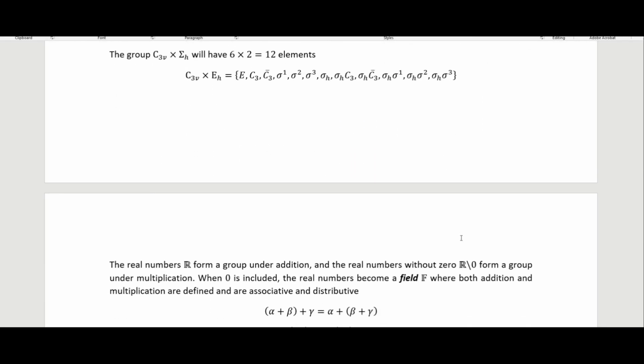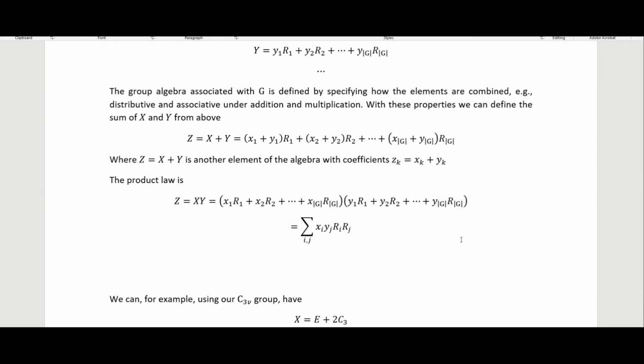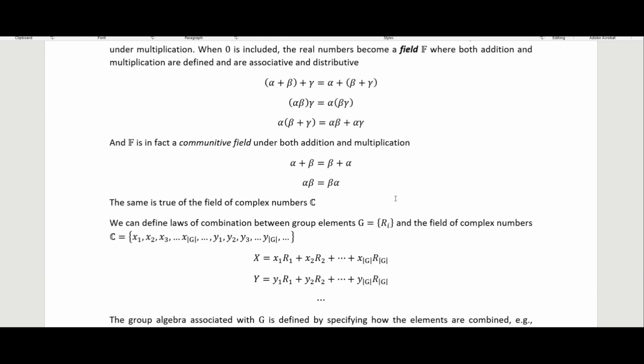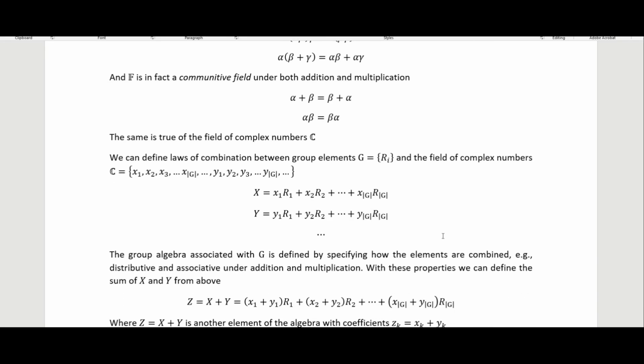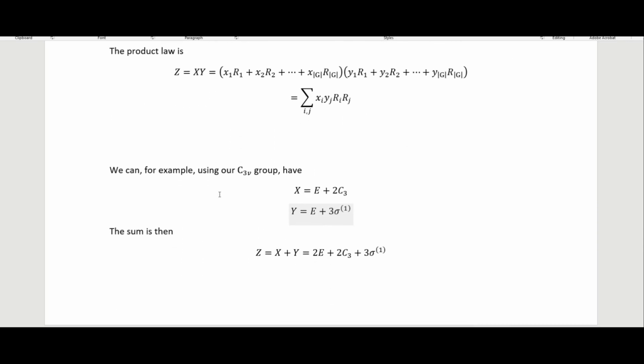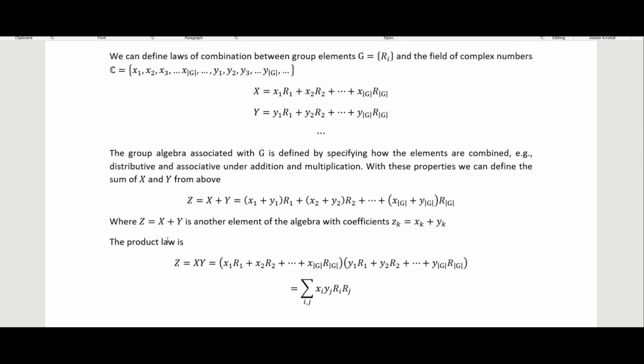We'll be looking more deeply into this in future videos in this series, but it's essentially just defining how we combine the different elements of the group, and we can turn it into an algebra by adding this field as a second bin from which we can pull elements, which in this case could be something like the real numbers or the complex numbers.